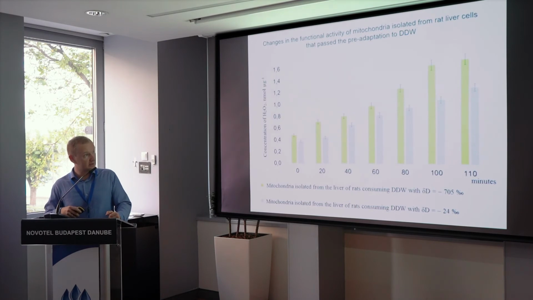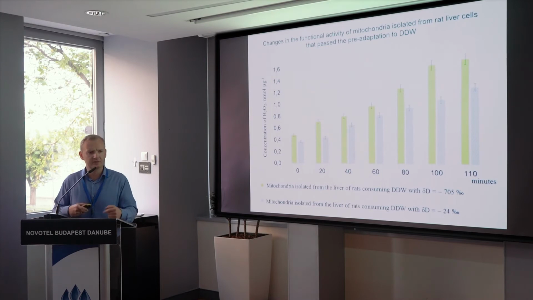So we saw about 35% increase of H2O2 production by mitochondria from rats consuming the DDW.